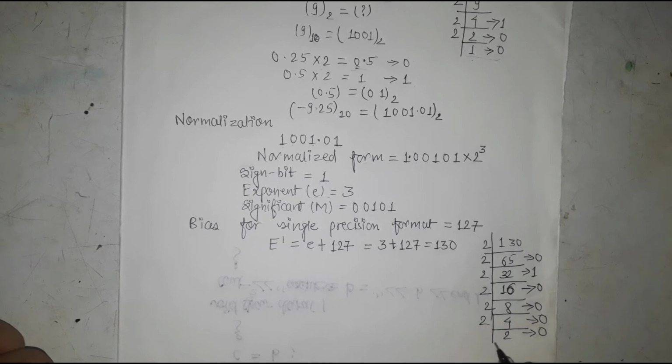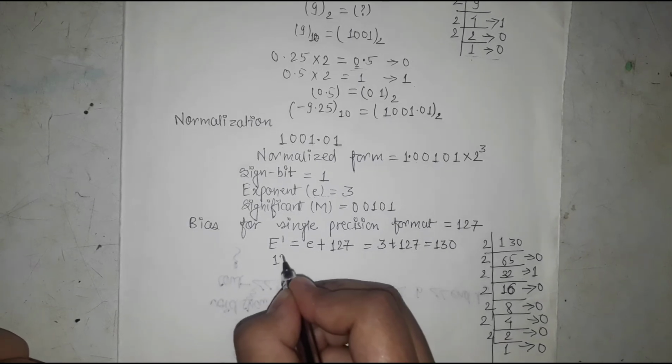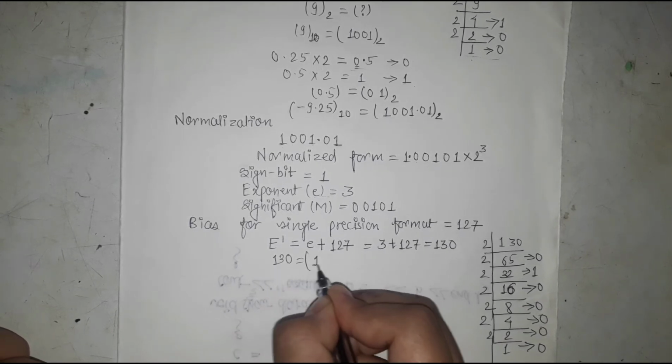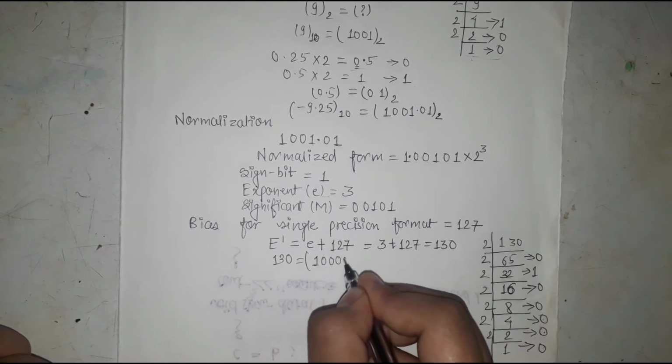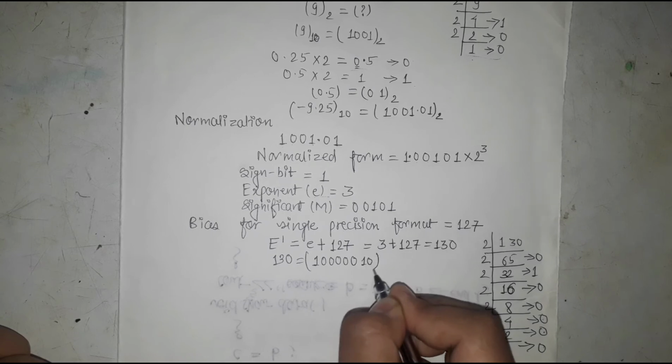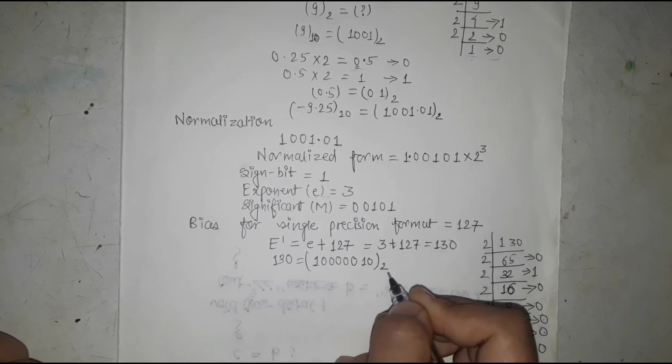I hope you can understand what I'm doing. So this is what I get. So 130 can be expressed something like this: 1, 5 zeros in between, and 1 0. Alright, this is the answer.